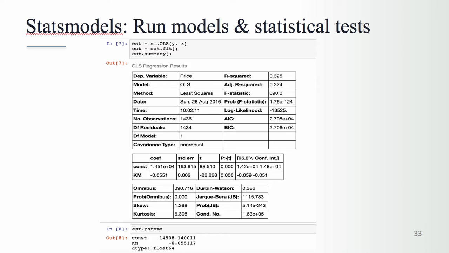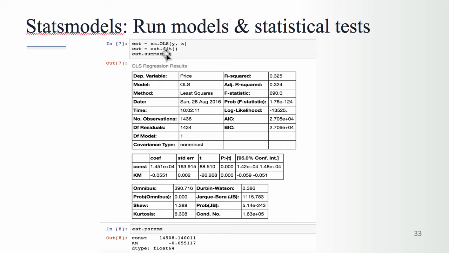Okay, so now to run it, it's actually very simple. We call sm.OLS. OLS stands for ordinary least squares, which is what a linear regression is. The reason it's called least squares is, if you remember the way regression is set up, you draw a line through your points and find the line that minimizes the squared distance between your line and the points.